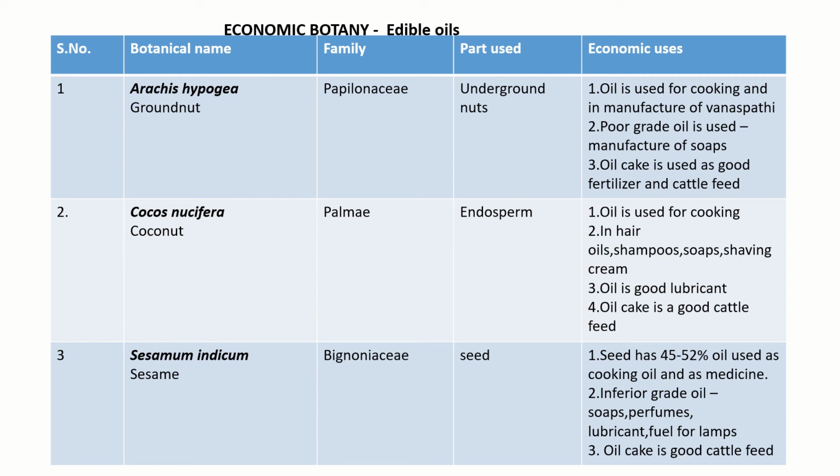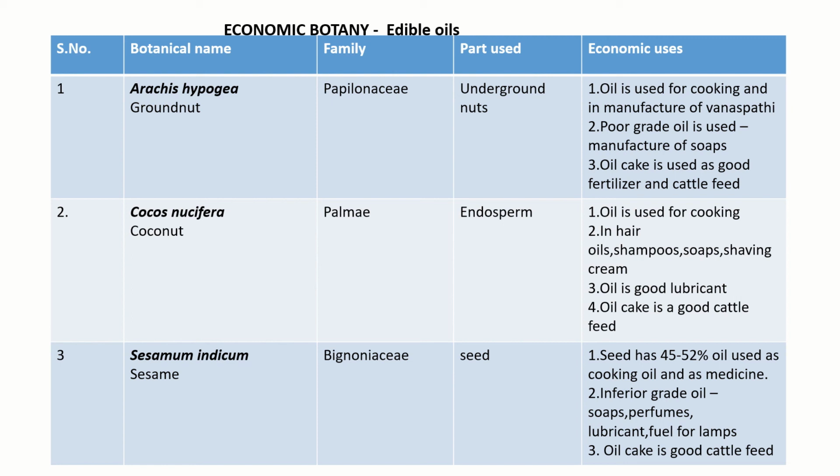This is a very famous plant commonly known as groundnut. It belongs to the family Papilionaceae. Which parts are used? We all know it is the underground parts that are used. Okay, they are the nuts. Underground nuts are used here.